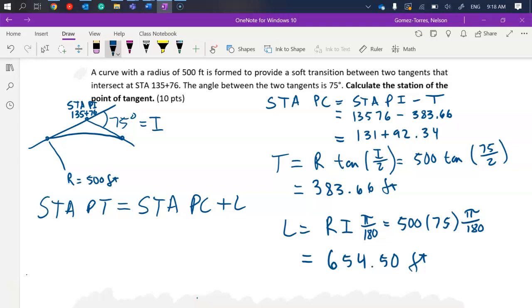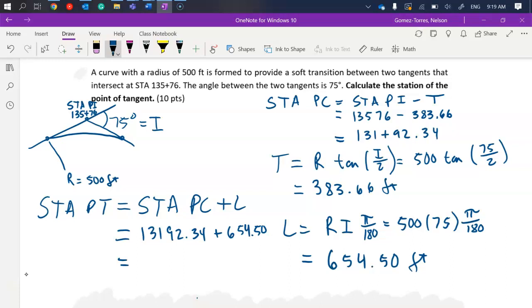Now we have the station of PC, we have L, we can calculate the station of PT. So the station of PC, again, we're going to write down the feet, not really the stations, here for the math, plus L, 654.50. Let's calculate that out. Plus 13,192.34.